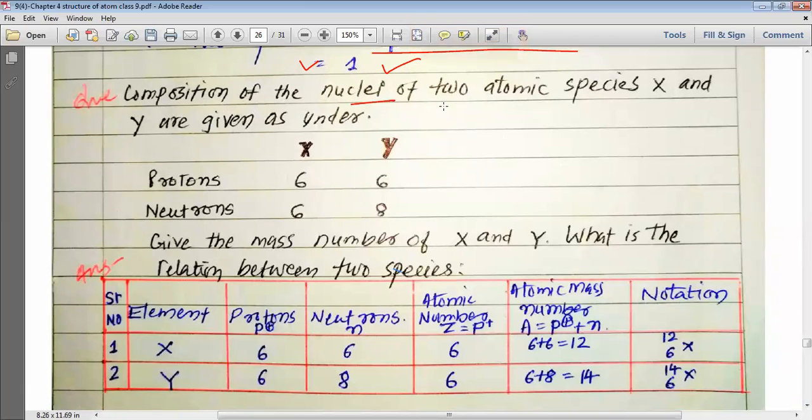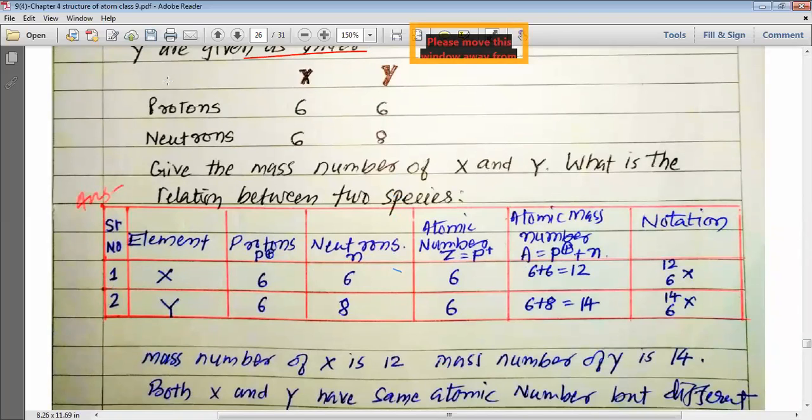The composition of the nuclei of two atomic species X and Y is given as under. So these are the nuclei of the species. We have nucleus X, we have nucleus Y. In nucleus X, the number of protons is equal to 6. In nucleus Y, the number of protons is equal to 6.